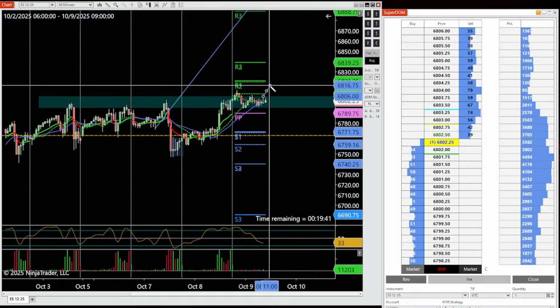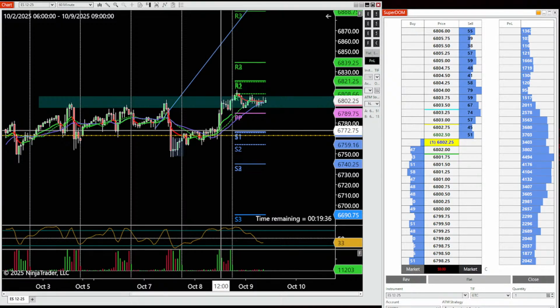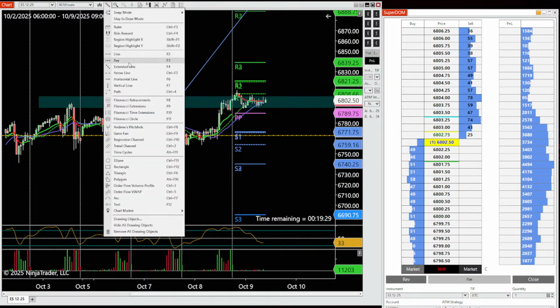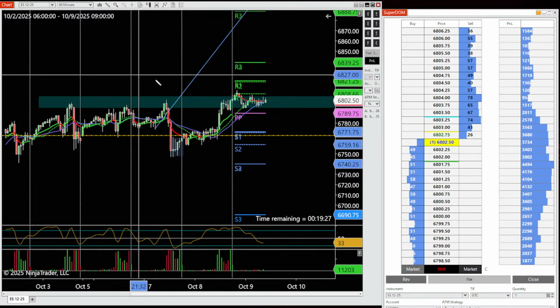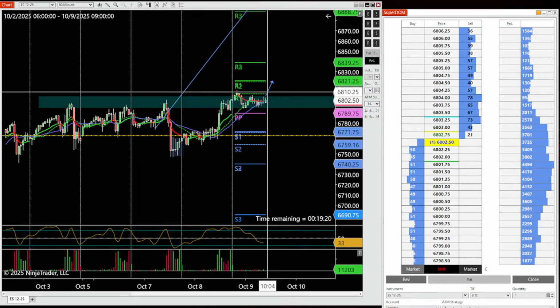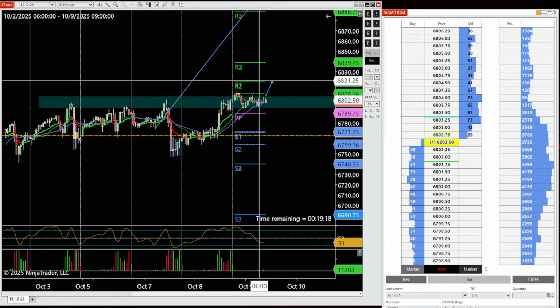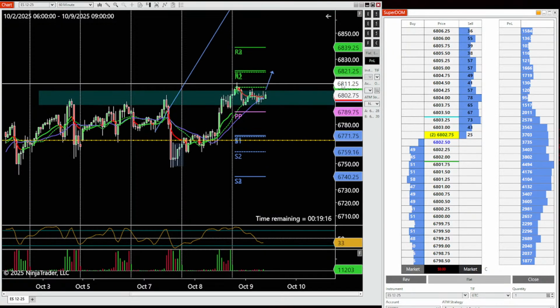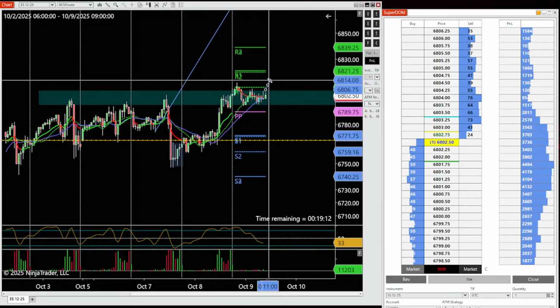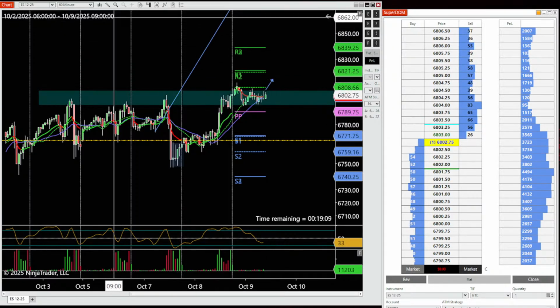It ran without me because I usually wait for the 15-minute bar to close, and I wanted it to pull back, and it just didn't. It just kept running up to my target. That was something I didn't want to happen, but it did, and it went without me. So hopefully it doesn't do that this morning.